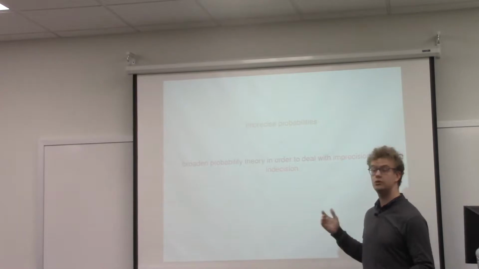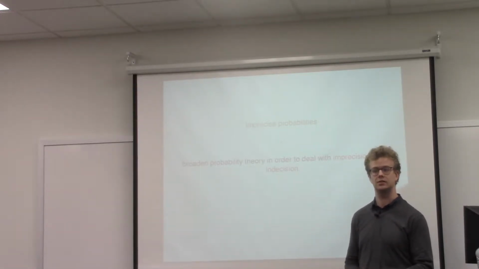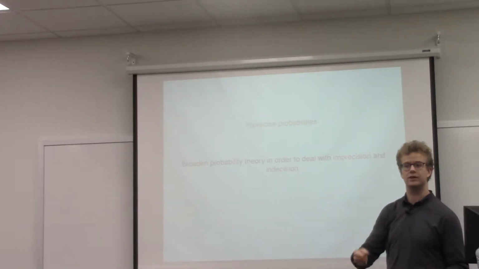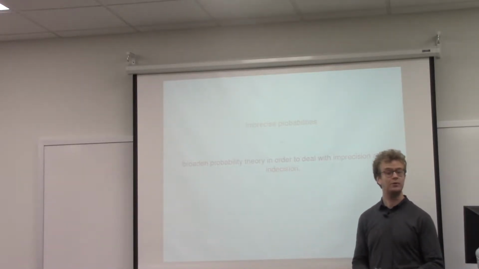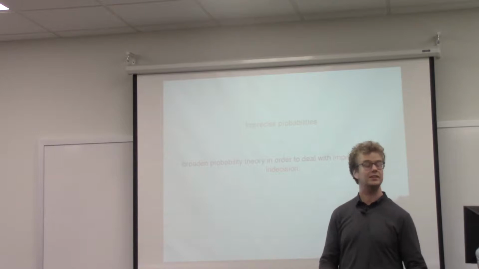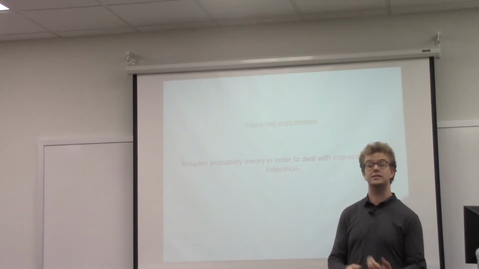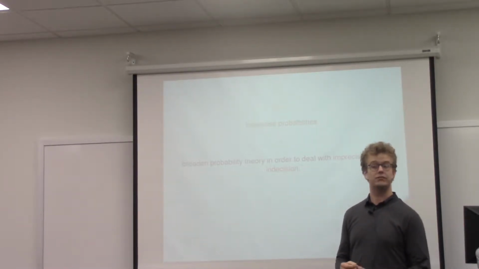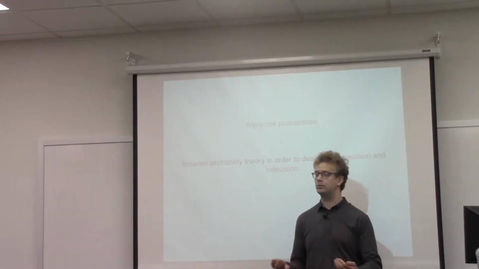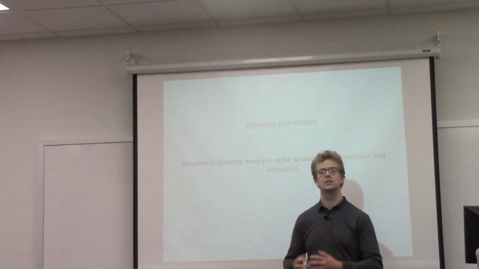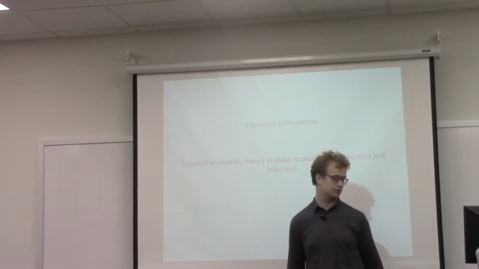But I will attach an operational interpretation to it, so in terms of betting behavior of people. So that's the next thing that I want to say. I want to warn you: it's a personalist view, in the vein of de Finetti. It has to do with an expert or an agent or a subject, his beliefs about something, and we want to model this.